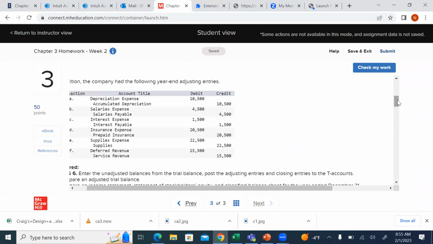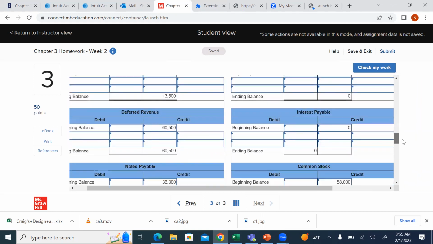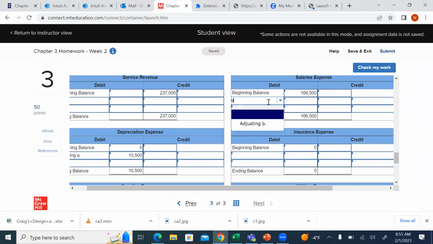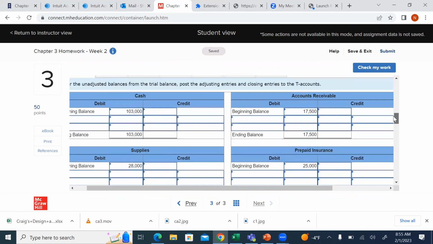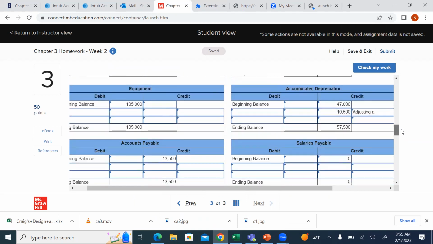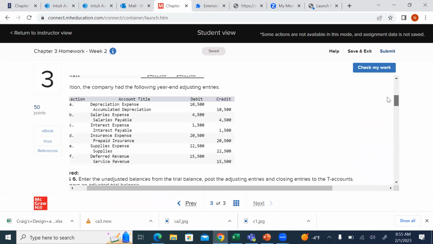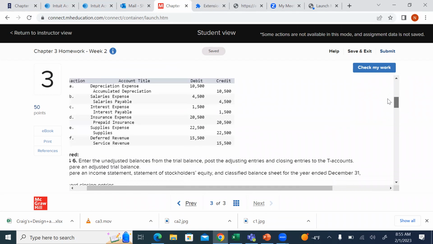B, salaries expense and salaries payable, 4,500. So salaries expense, B, 4,500. Salaries payable, $4,500. Got it? Next, C, interest expense, 1,500.